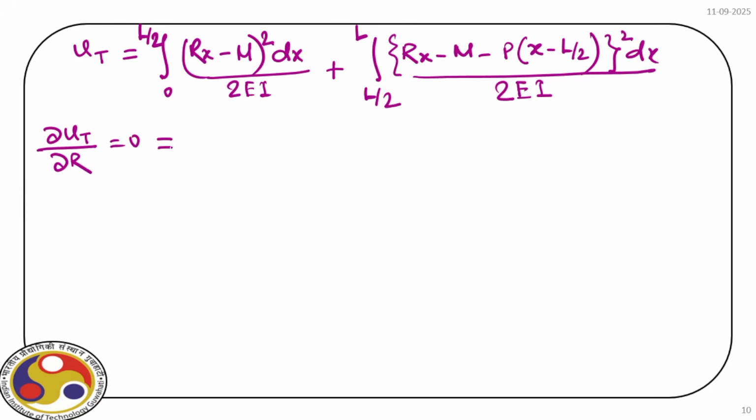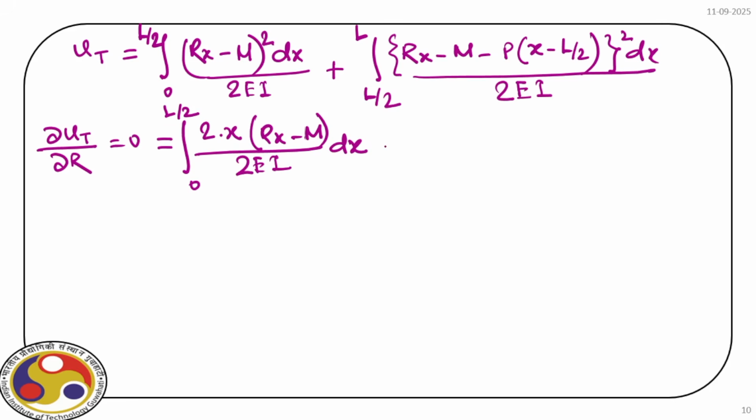So if we do that, then what we have here, you can see twice x, then Rx minus M divided by twice EI dx.